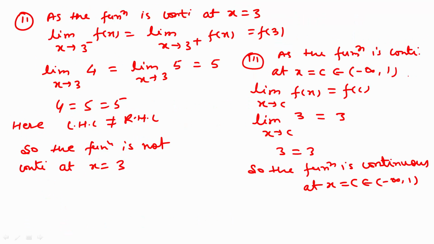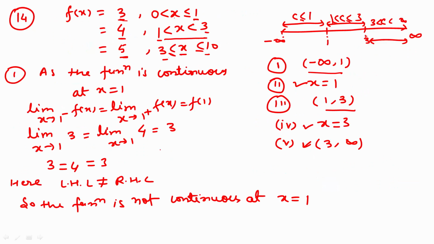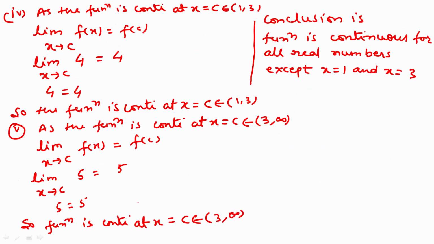You can see here, for the value of x is equal to 3, the function is not continuous, and for the value of x is equal to 1, the function is not continuous. So the function is continuous for all real numbers except x is equal to 1 and x is equal to 3.